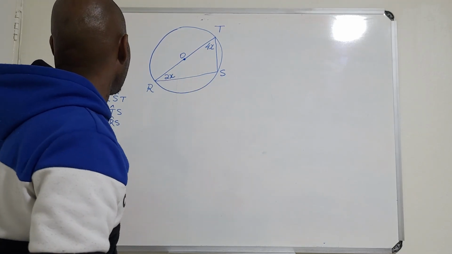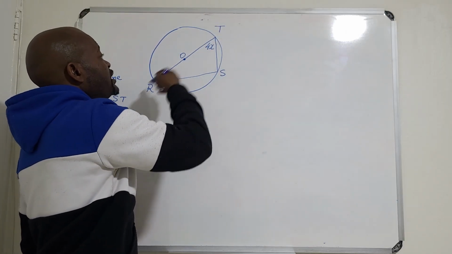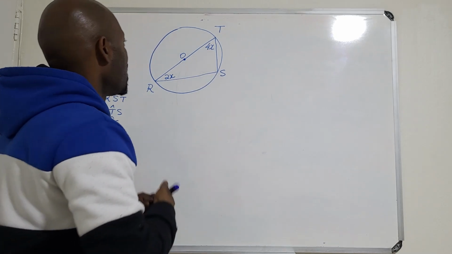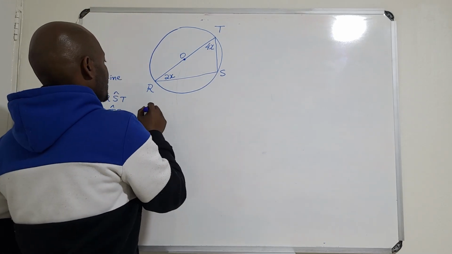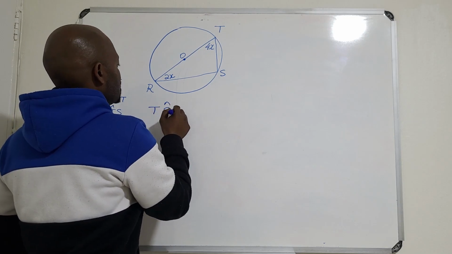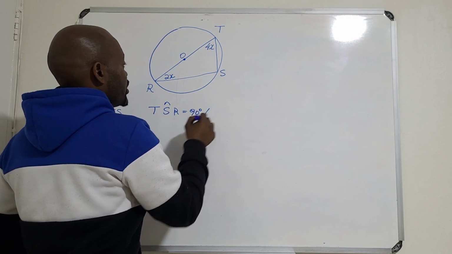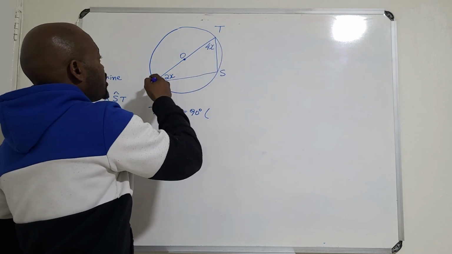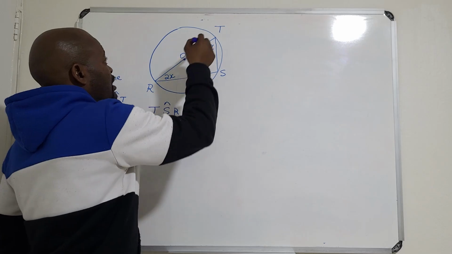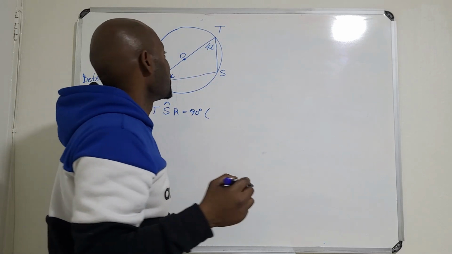Now, for us to find angle RST, since we know that RT is a diameter and S is at the circumference, it means that angle TSR is equal to 90 degrees. Reason? Since we know that this is a diameter, theorem number 3 tells us that an angle subtended by a diameter is 90 degrees.